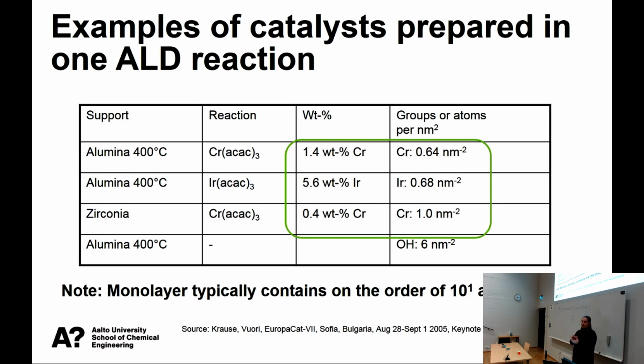But this alumina, for example, has 6 OH groups per square nanometer, heat treated in the way that it has been before the ALD. And then you put there 0.6 metal atoms. It means that only 1/10 of those OH groups actually reacts in these cases.